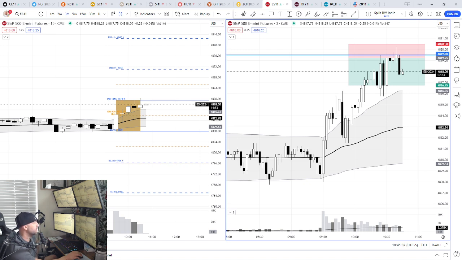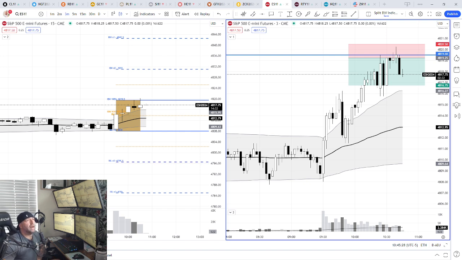If we get another flush down, I'll probably move my stop to break even on this one. And I'm probably going to tighten my stop a little bit. 19.25.